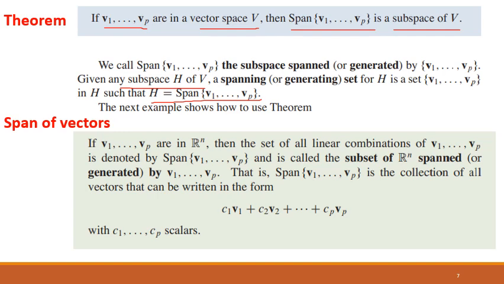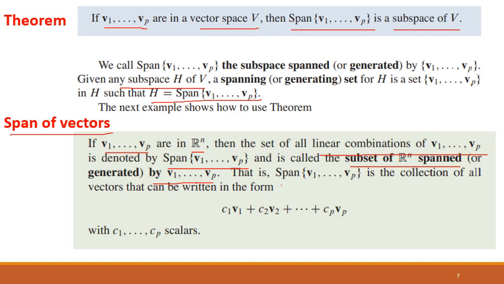But before starting that example, let's recall the definition of span of vectors. If vectors v1, v2 up to vp are in R^n, then the set of all linear combinations of v1, v2 up to vp is denoted by span{v1, ..., vp}, and it is called the subset of R^n spanned by v1, v2 up to vp.